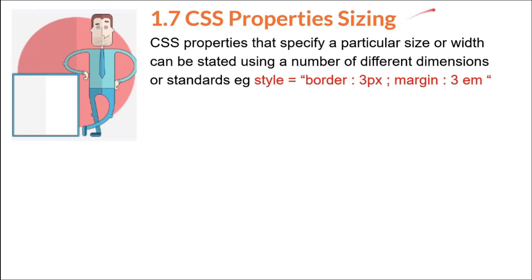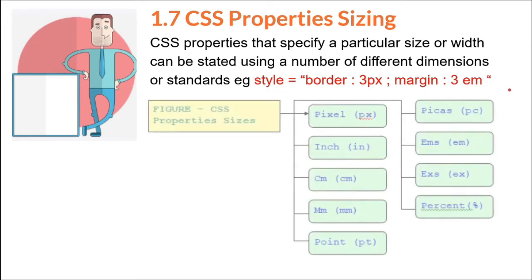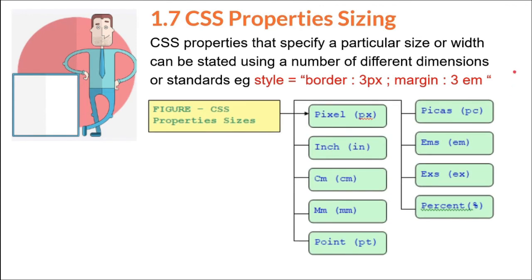CSS properties and sizing. CSS properties that specify a particular size or width can be stated using a number of different dimensions or standards. For example, border: 3px 3em.